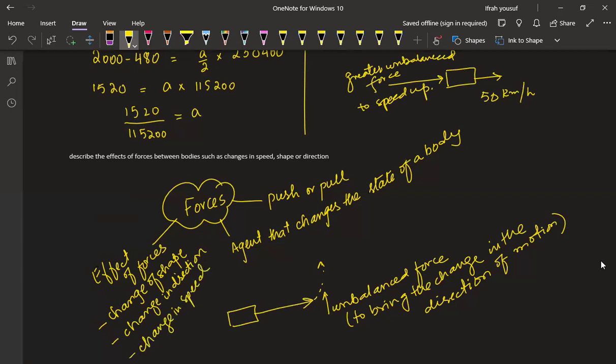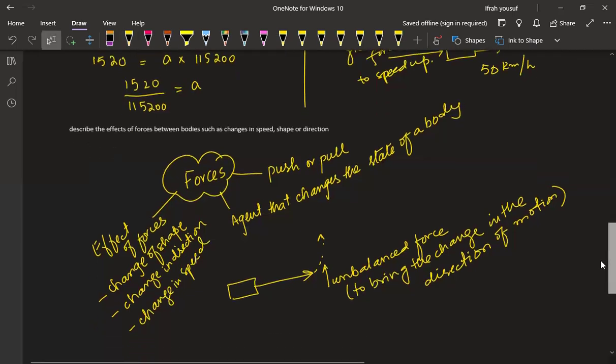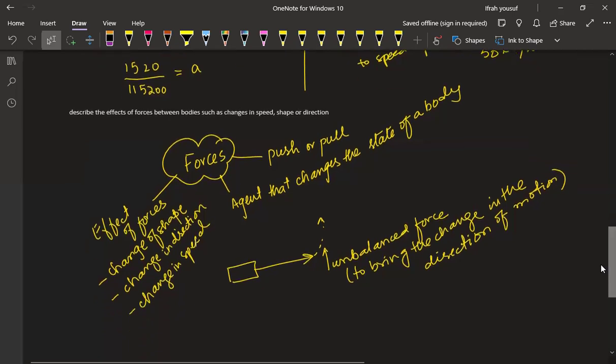We have already discussed Newton's laws of motion. When we want to accelerate a body, if a force is applied on the body, the acceleration produced is directly proportional to the magnitude of the force and is always in the direction of the force, right?